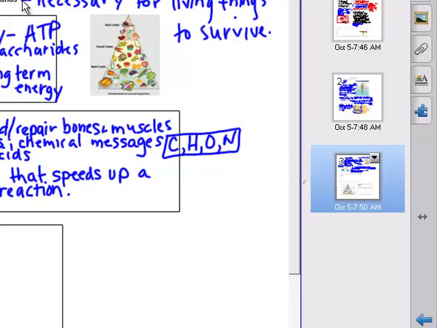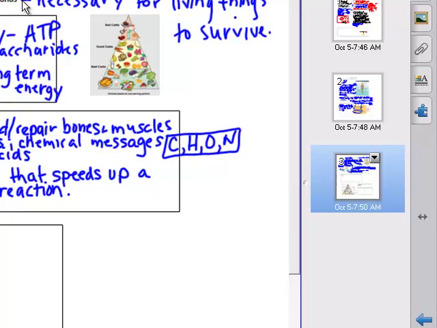And it works like a puzzle piece, okay? So there's only certain enzymes that will have an effect on certain parts of your body. And it works just like a puzzle would. You can see over here that there are only certain places that that enzyme can connect to and provide that increased speed for the reaction.